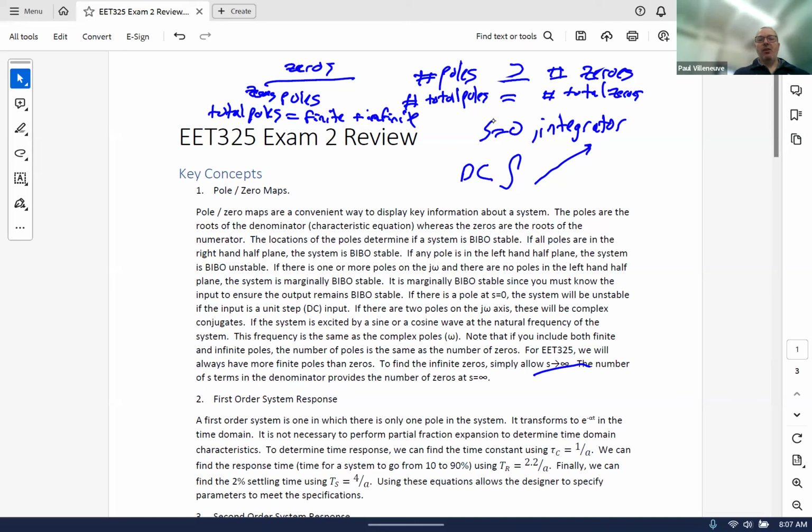Essentially what we're saying is when you take the limit as S approaches infinity of the denominator and the numerator, eventually you're going to have an S to the M divided by an S to the N. In most real world systems, N is going to be equal to or greater than M. So this is going to be equal to 1 over S to the N minus M. When I allow S to approach infinity, we end up with 1 over S approaching infinity, which turns into a 0.